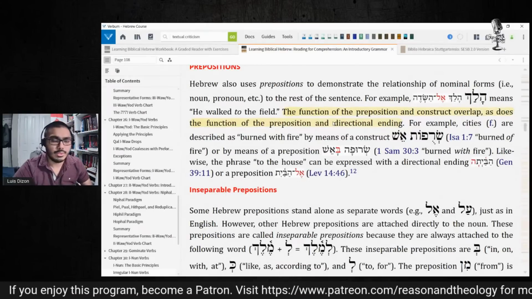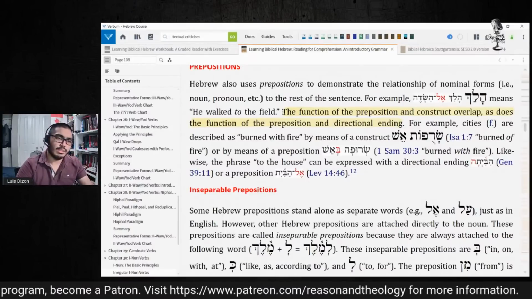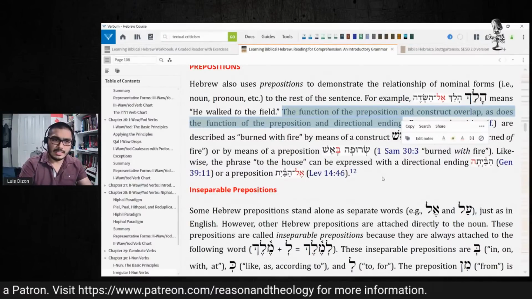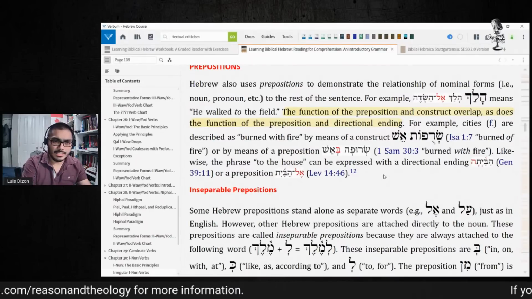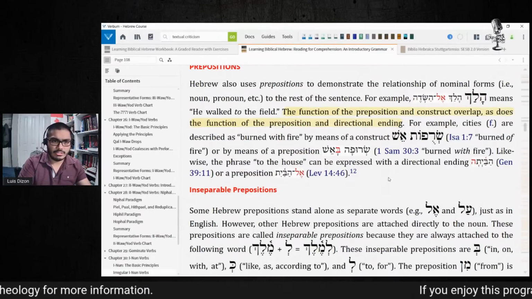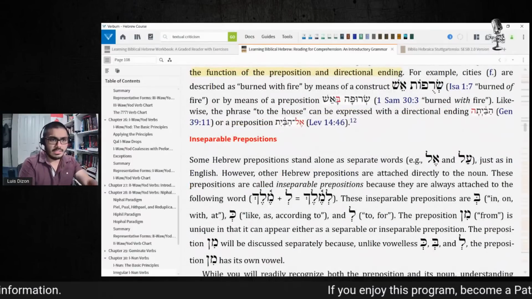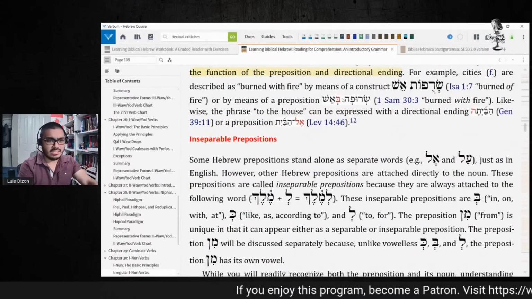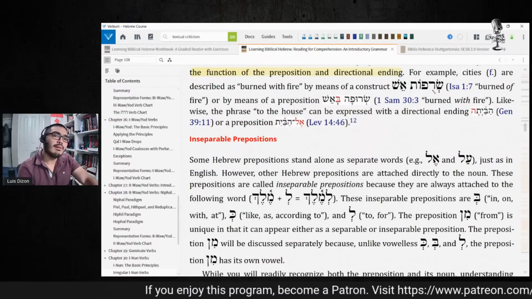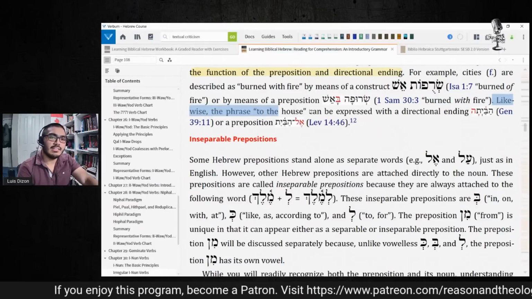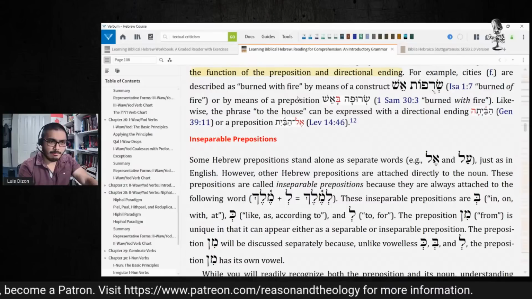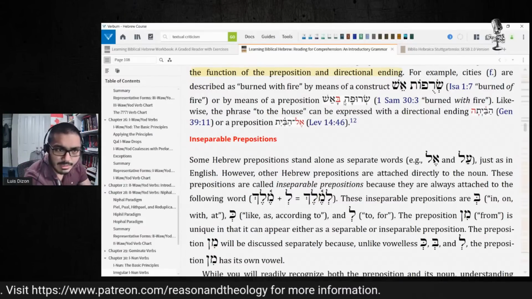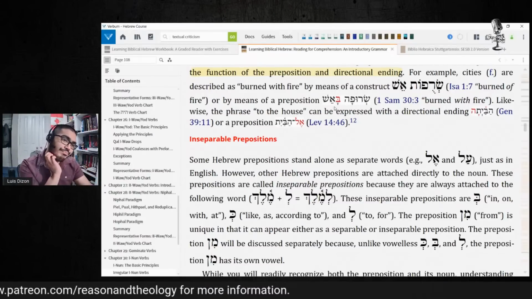And sometimes we use prepositions that you wouldn't expect to use. And sometimes the same preposition can mean different things depending on where it's used. For example, ba usually means in, but in a context like 1 Samuel 30 verse 3, Serufa Baesh, that would mean burnt with fire.